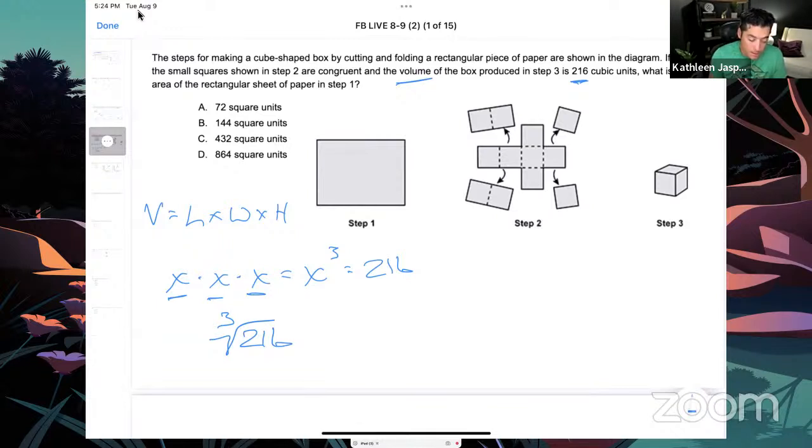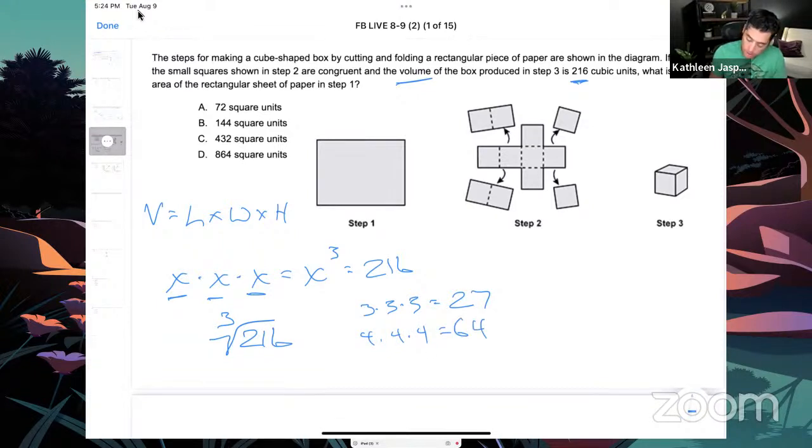So then, depending on the test that you have, pick a number. Let's just say 3. You just start like that, and you take your calculator and go through it. So 3 times 3 times 3 is equal to 27. No, that's not going to work. 4 times 4 times 4 is equal to 64.